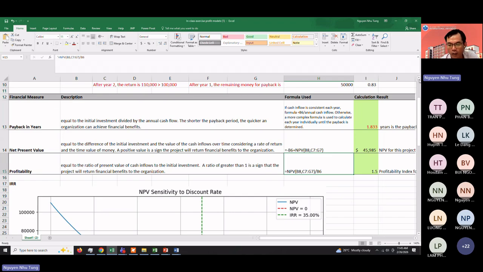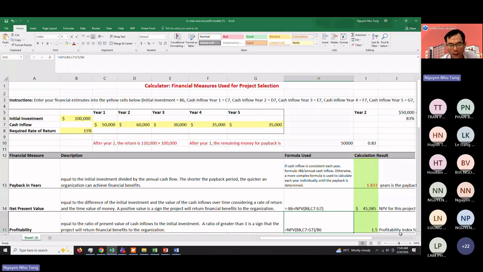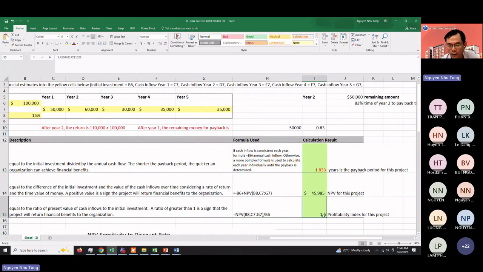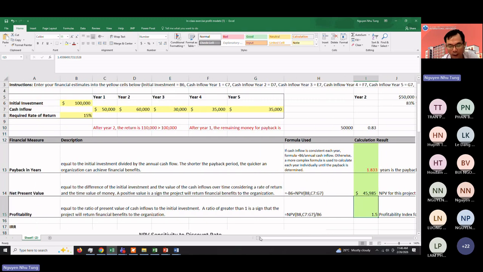So you have to discount the cash flow from year 1 to year 5 and divide by the initial investment money, B6. The results show that the profitability index is greater than 1.5. So it means that the project is profitable.